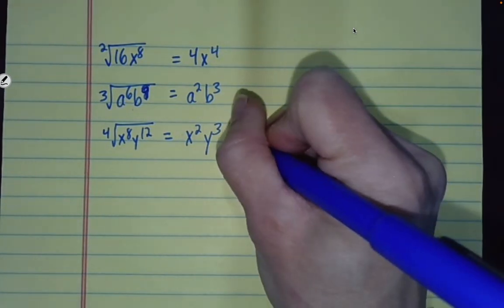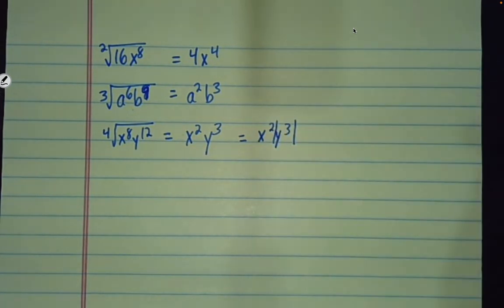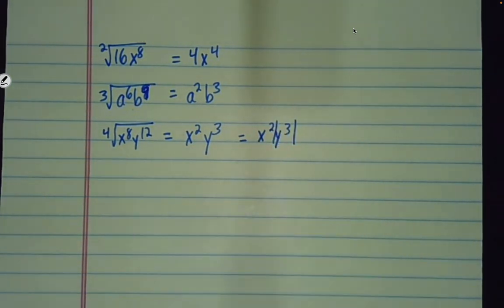Now, for those of you who were wondering, this is where the absolute value comes in. When you end up with an odd exponent from an even root, you put your absolute value bars on there, because you want to make sure it's positive. I know it's weird.